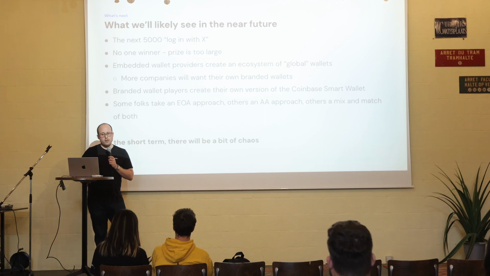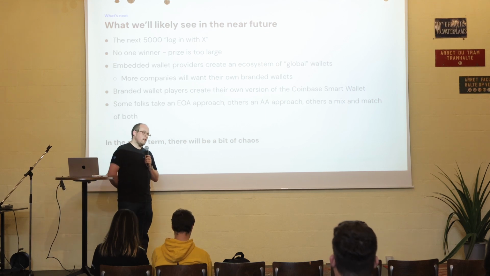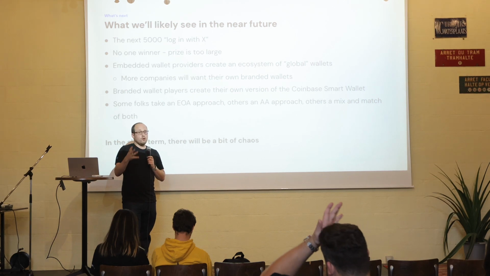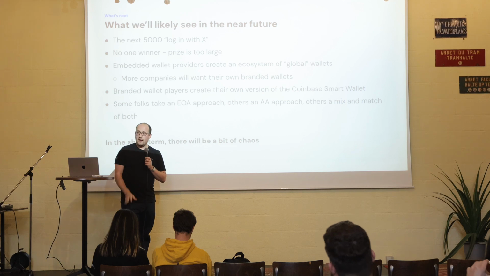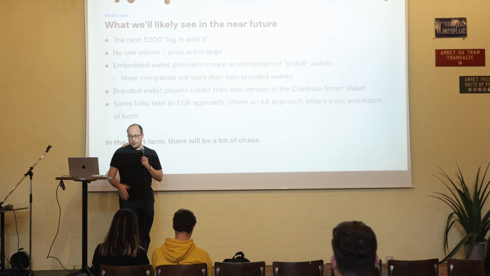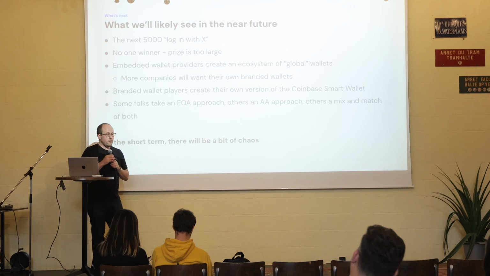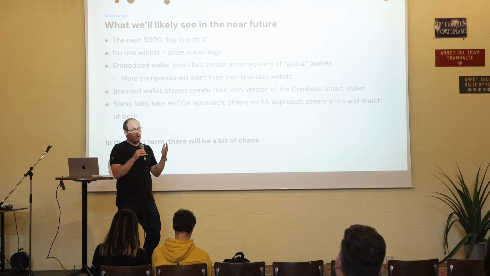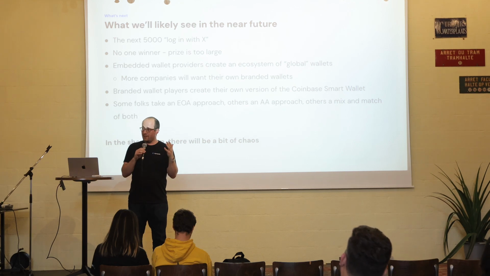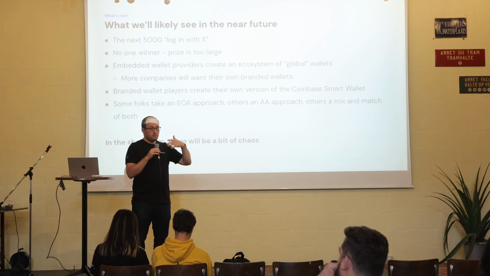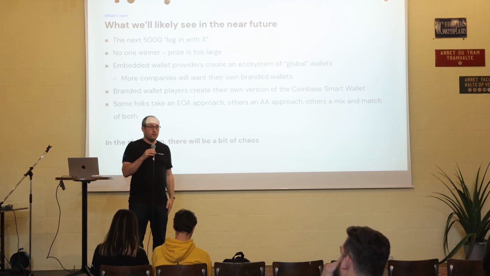And what you're also going to see is a lot of these companies try to create ecosystems around their global wallets, or around their interoperable wallets, to create network effects around their own implementation. That's going to be an interesting trend. So this is all a very long way of saying that what you're going to see over the next few months is pure chaos of folks trying to create these global wallets, these interoperable wallets, very quickly and taking different approaches to get there.